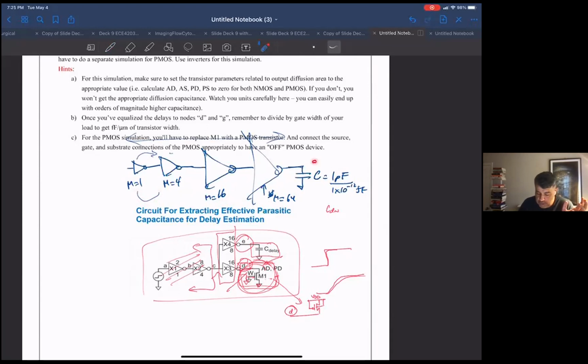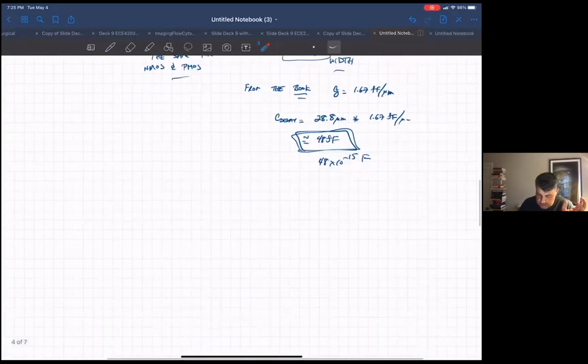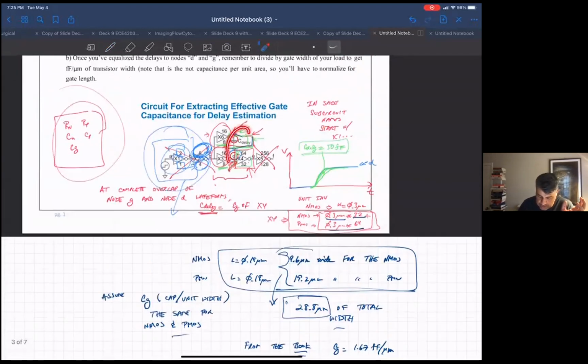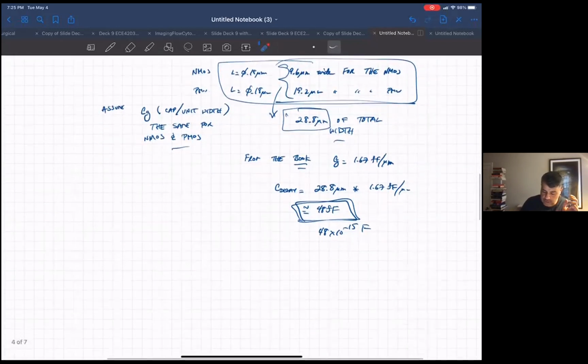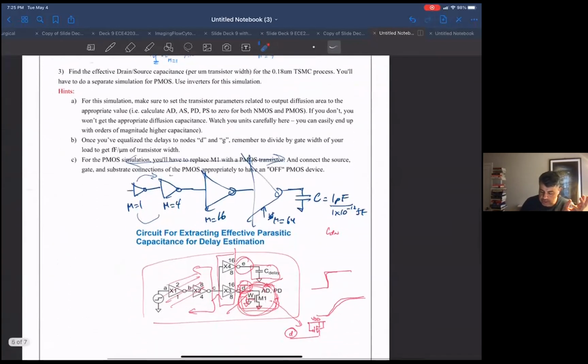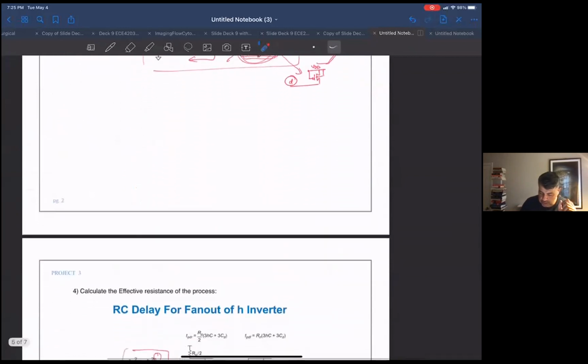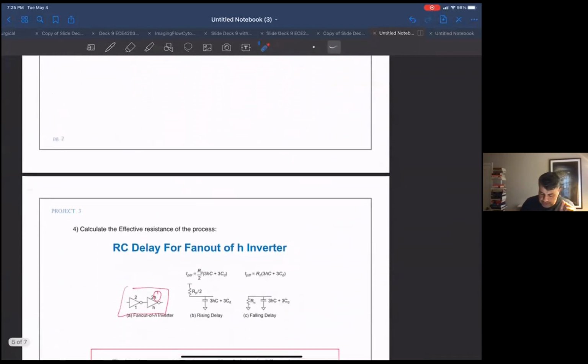So in a typical problem where you're trying to drive a load like this, you size up in stages by a factor of 2.5 to 4 to 5. That gets you the fastest delay from end to end. This is just how it turns out. We talked about this a little bit in the path delay discussion, etc.